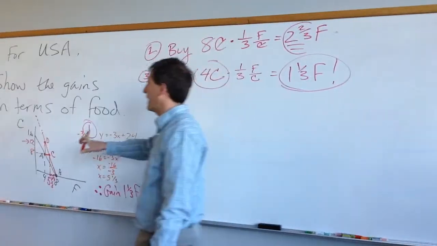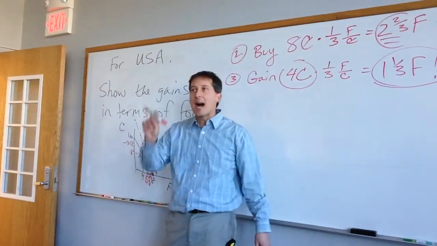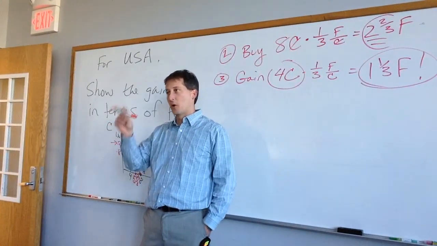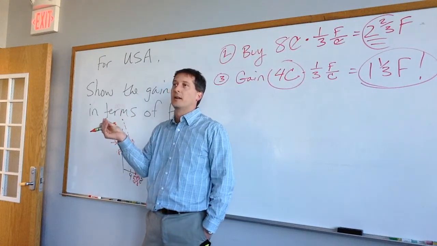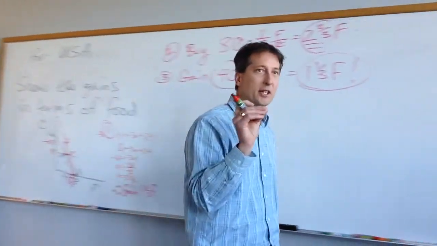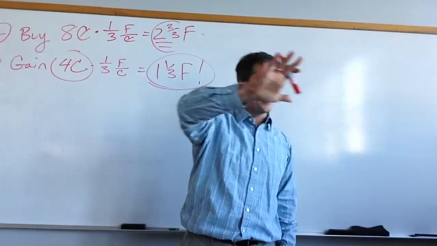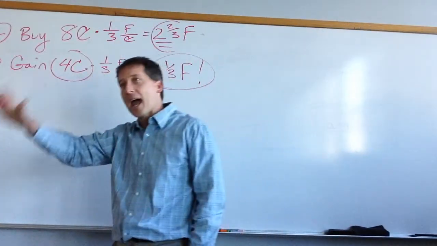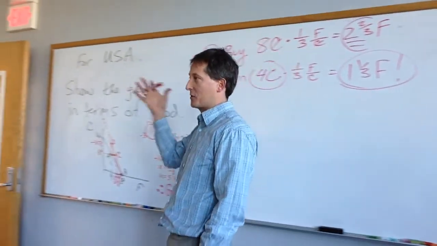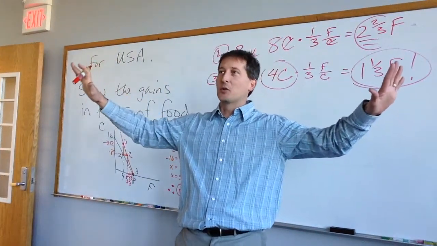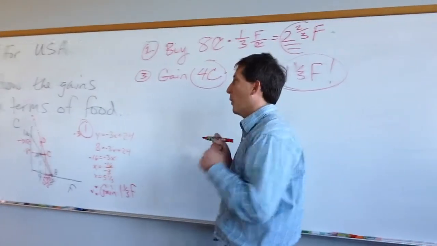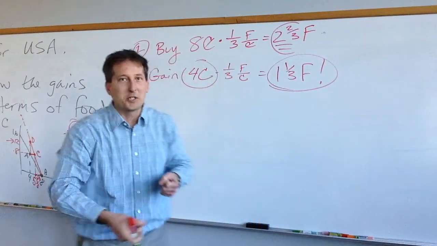So in other words, point D is not an actual post-trade possibility in the model. It's not possible. So this is bringing up an important distinction here between showing the gains from trade and what the actual post-trade amounts were. At the end of the day, in a two-country model, what I sold to you is what you bought from me.